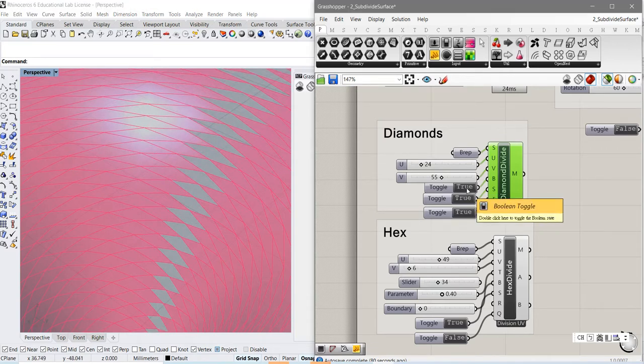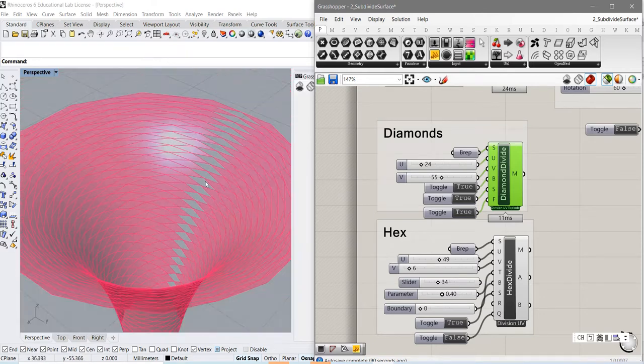But when you turn on this boundary part, it uses another strategy to treat the boundary of the surface, and somehow you derive these holes. But when you turn it off, then it is okay.